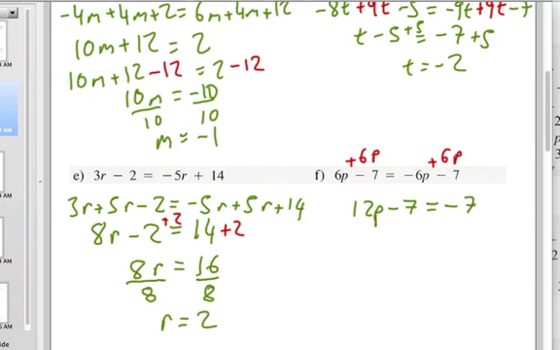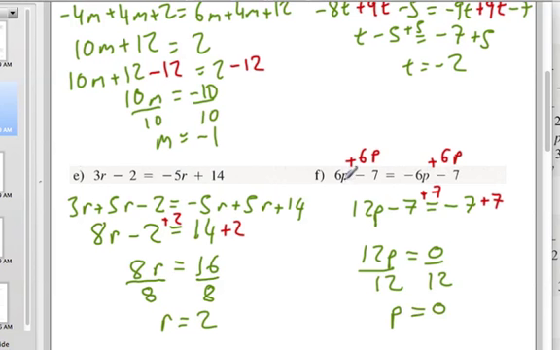Now we're going to add 7 to both sides of the equation. And we end up with 12p is equal to 0. So when we divide both sides by 12, we get p is equal to 0.